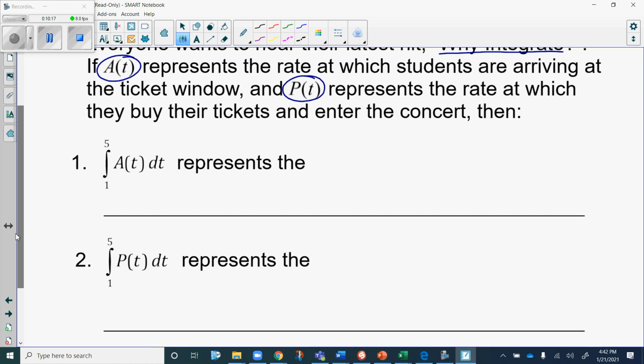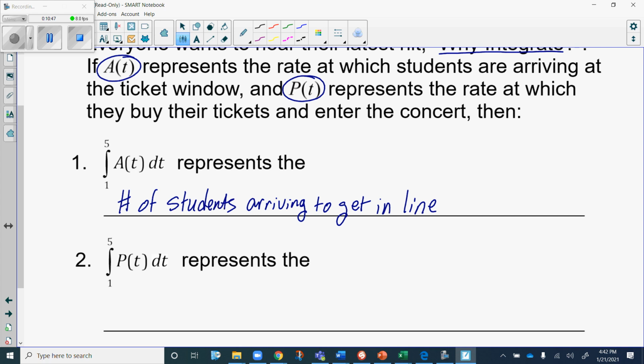So looking at this first integral here, from 1 to 5 of A of t dt, that's going to represent the number of students arriving to get in line on the interval from 1 to 5 minutes.